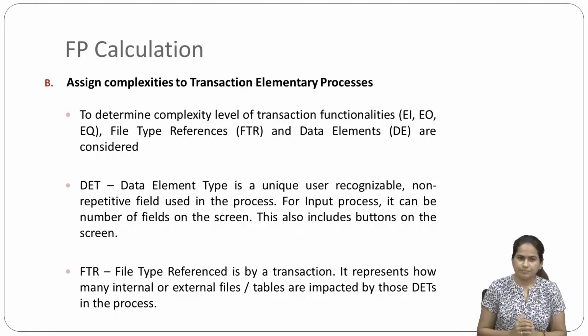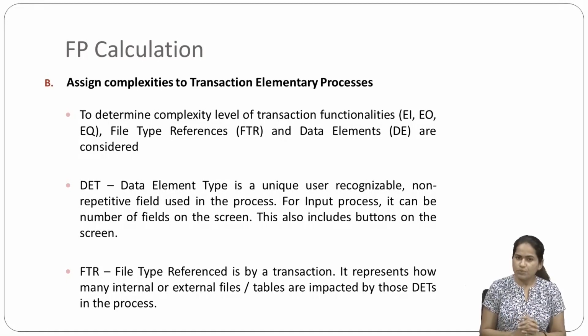Moving forward, to determine the complexity level of transaction functionalities like EI, EO, EQ, we have to consider file type references and data elements. Now in DET, what do we have? DET is a unique user recognizable non-repetitive field which is used in this process. For an input process, it can be the number of fields on the screen.